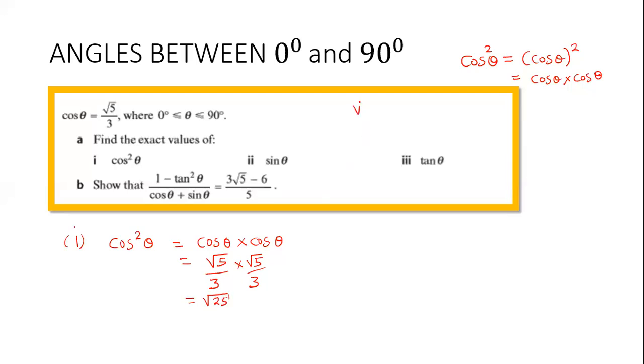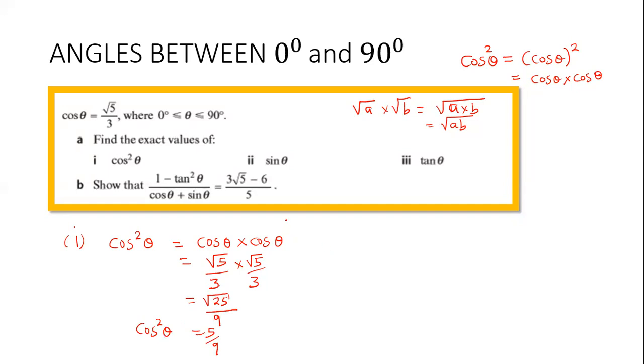Remember, in surds, root of A times root of B is the same as root of AB. So root of 25 out of 3 times 3, which is 9. But root of 25 is 5, so 5 out of 9. So this is our equivalent of cos squared theta.